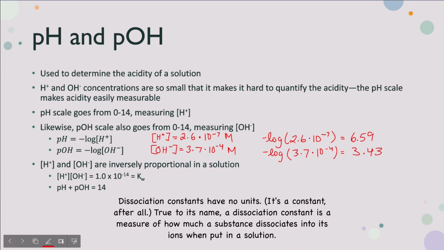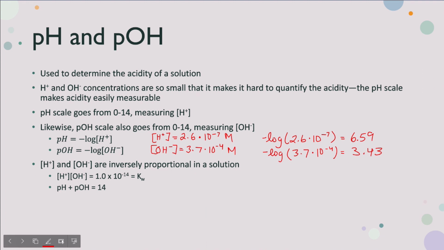And there are a bunch of things that end up with this equation, that the H plus concentration times the OH minus concentration is equal to Kw. But at 25 degrees Celsius, the H plus and the OH minus concentrations are equal at 1.0 times 10 to the -7. This has been figured out through experimental data.